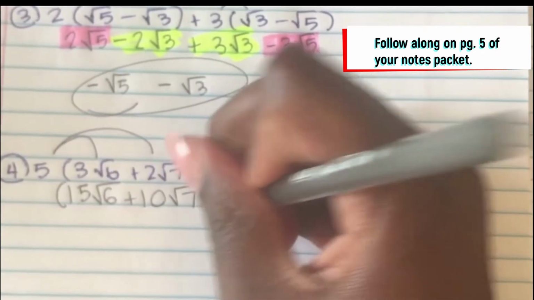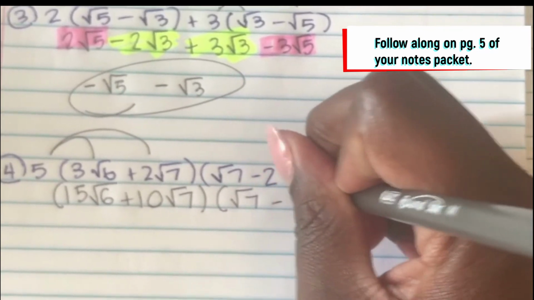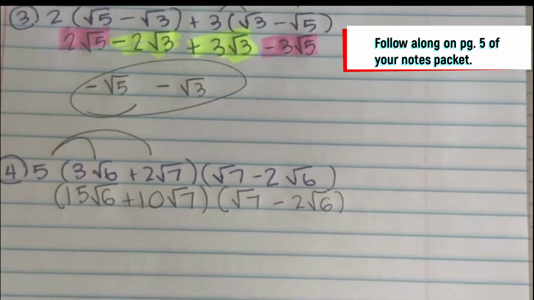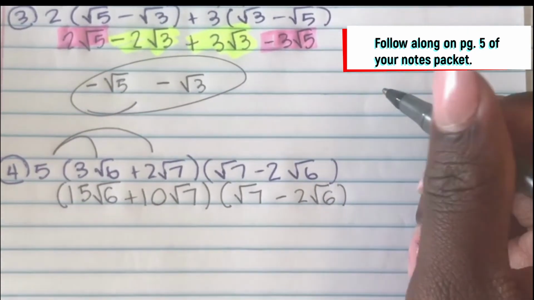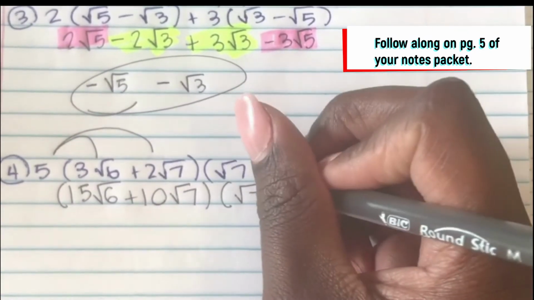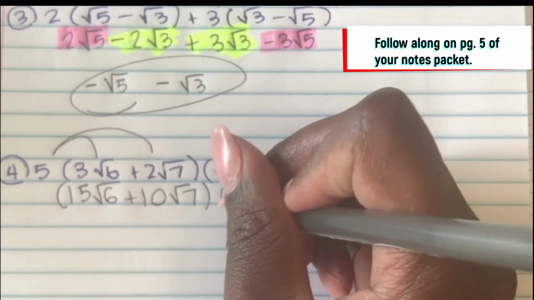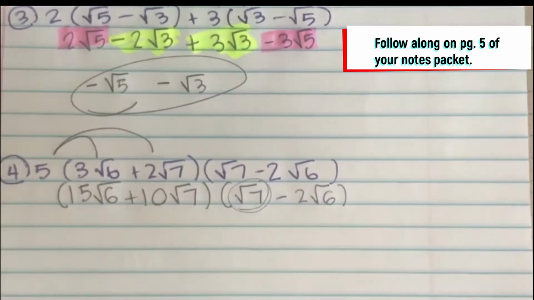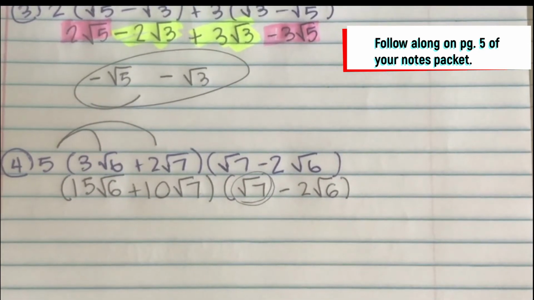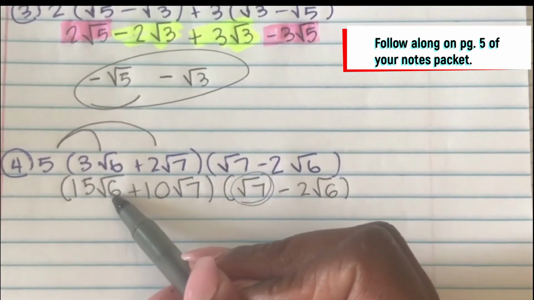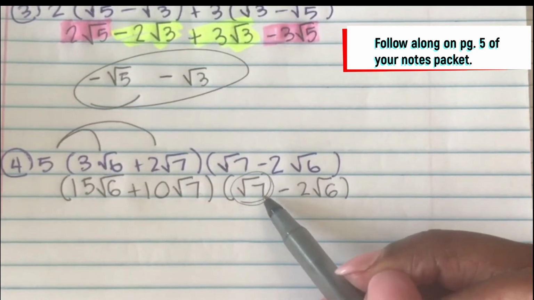All right. So now we got to multiply all this stuff by the square root of 7 minus 2 times the square root of 6. All right, we're going to have to FOIL this stuff. So first I'm going to multiply everything in this set of parentheses by this guy here. And I'm doing this just so I can organize my work and organize my thoughts. All right, so first we've got 15 root 6 times the square root of 7.